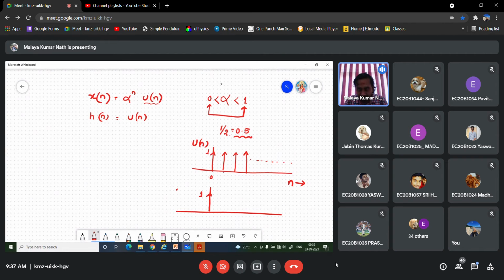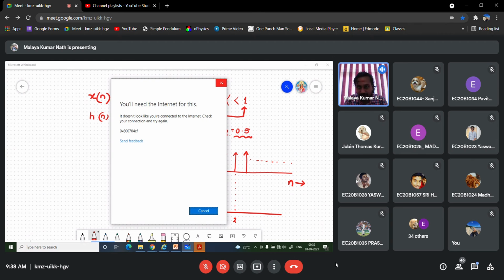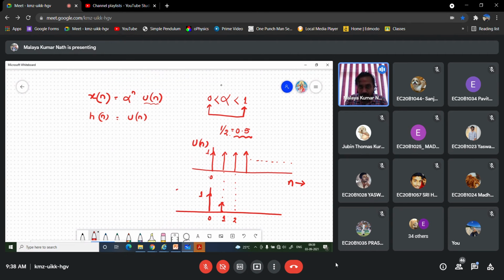At n equal to 1, what will be the value? 0.5 to the power 1 is 0.5, into 1, so it becomes 0.5. This much is the magnitude. At n equal to 2, this will be 0.5 to the power 2, which is 0.25, into 1, so 0.25.